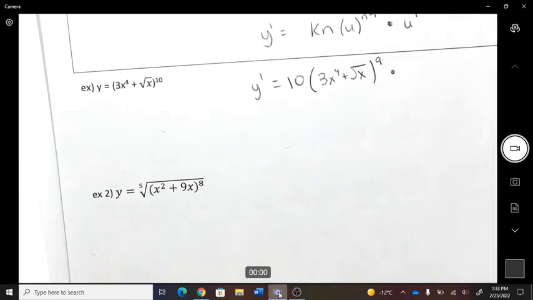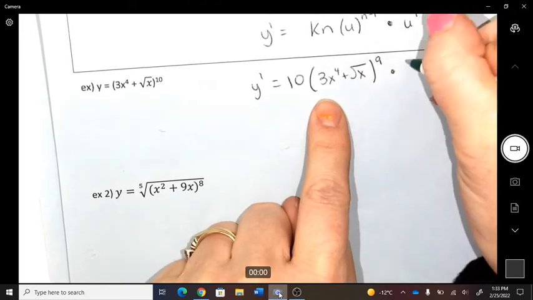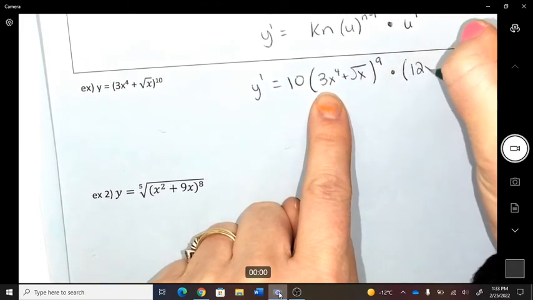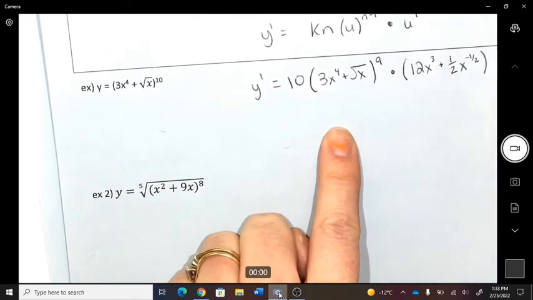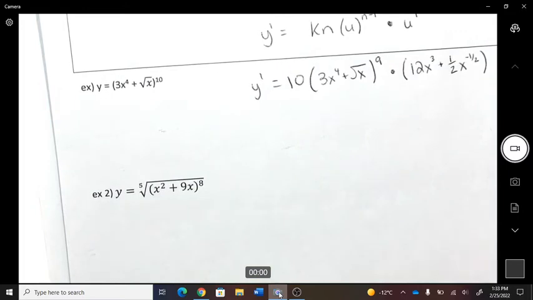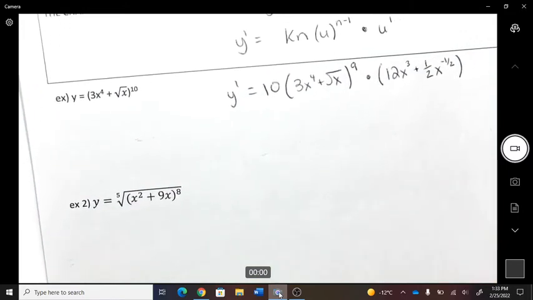Times the derivative of the stuff. So 12x cubed plus a half x to the negative half. And that's it. So that's called the chain rule because you're like attaching something. You have to do one thing and then attach another thing to it.